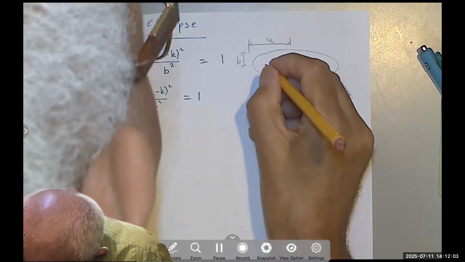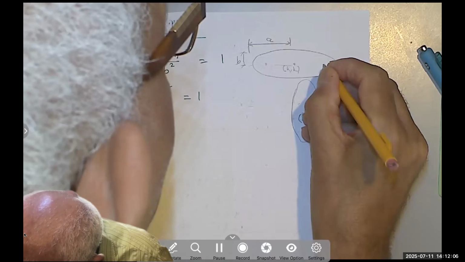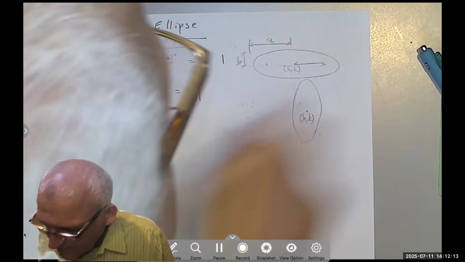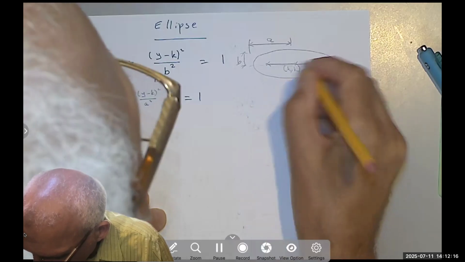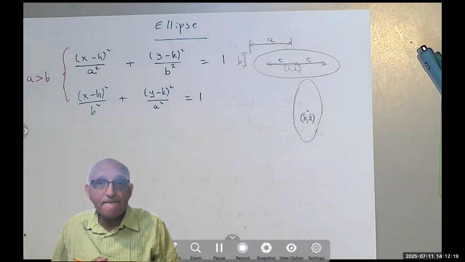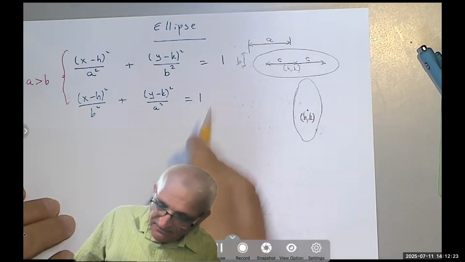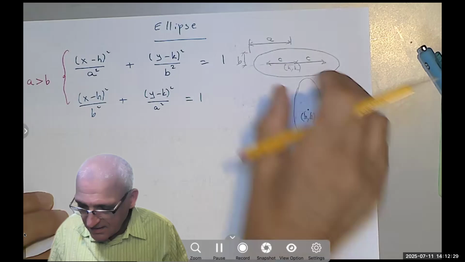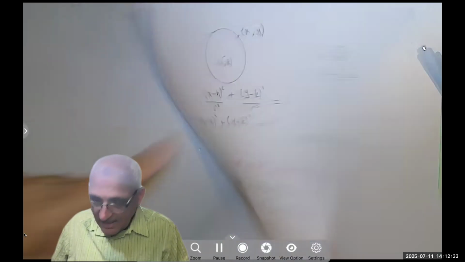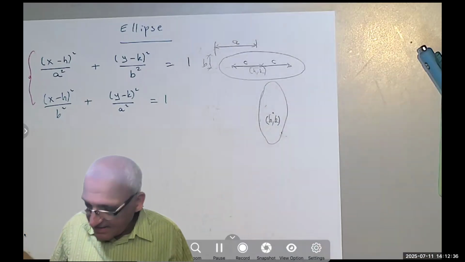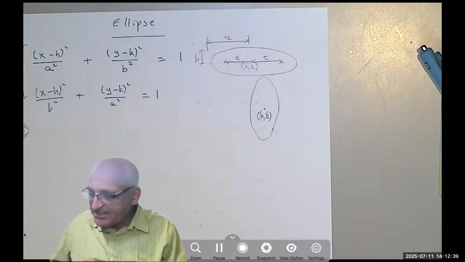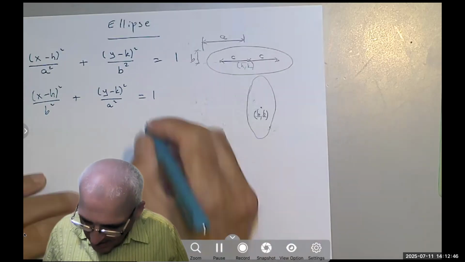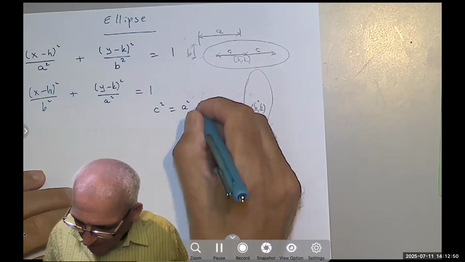Basically, we call these the two foci, a focus on the right, a focus on the left, and we call that distance C. So now I have A, which is the semi-major axis instead of r, and B is the semi-minor axis, and then I have something called C. It turns out, and we are not going to waste time here proving it, that C squared equals A squared minus B squared.